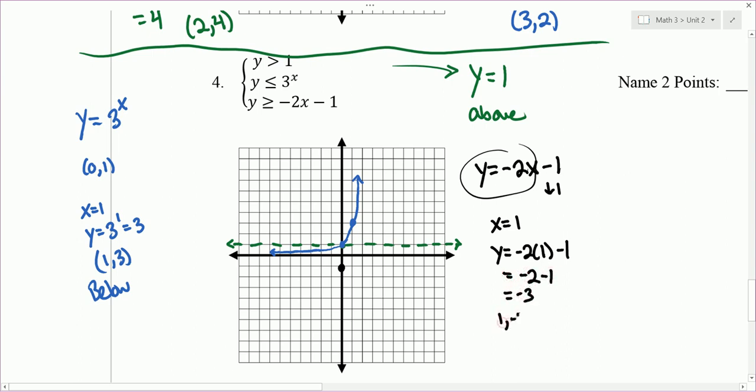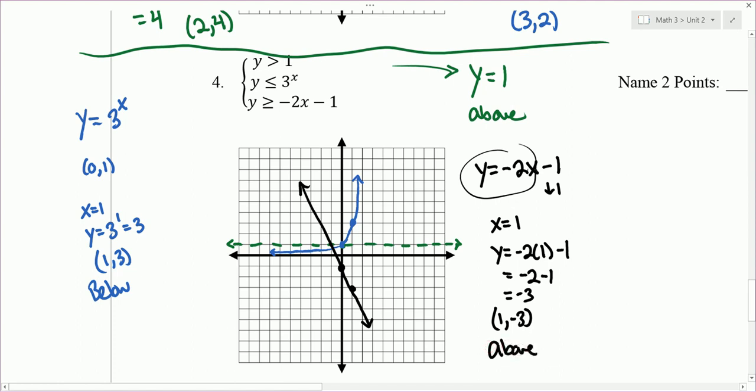So (1, negative 3) is another point we go through. And this is going to be a solid line. And we're going to shade above.